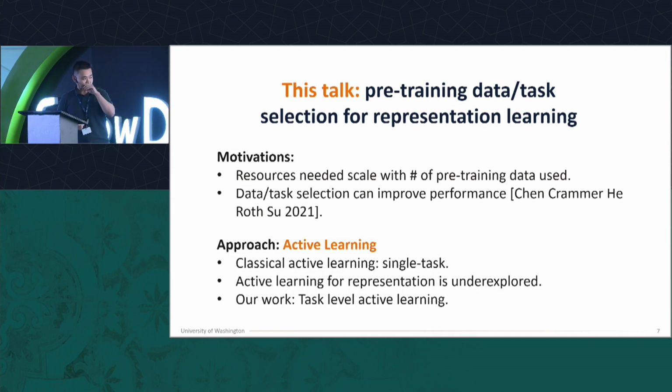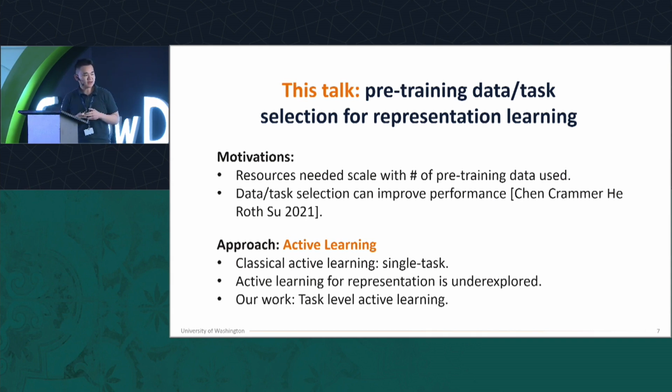All right, so our general approach is active learning. Active learning is definitely not new. It's been well studied in machine learning for many years. But classical active learning mostly focuses on single task learning, where you have a pool of data and you want to select only a few data points to curate labels for. That is classical active learning.